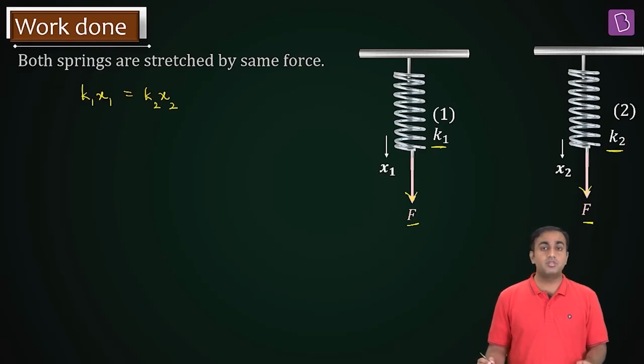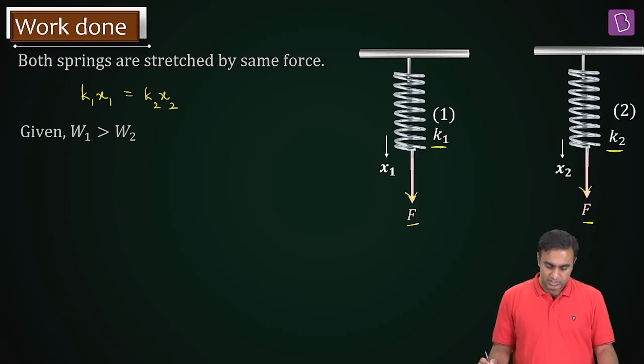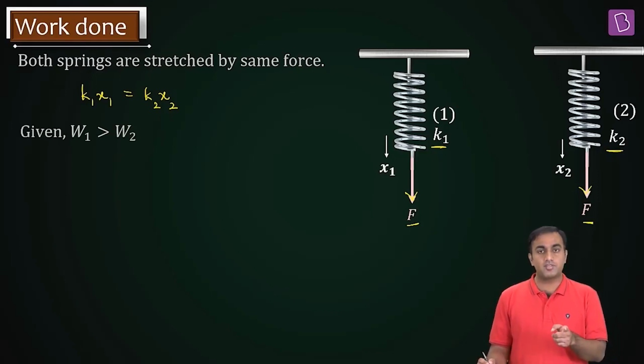What are x1 and x2? The stretch in the individual springs respectively. We also know that the work done in the case of spring 1 is greater than the work done in the case of spring 2. So W1 must be greater than W2. It is given in the data.